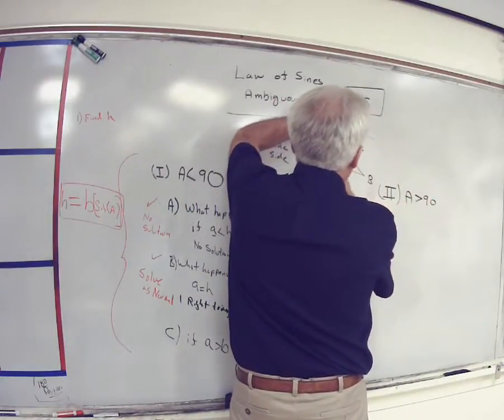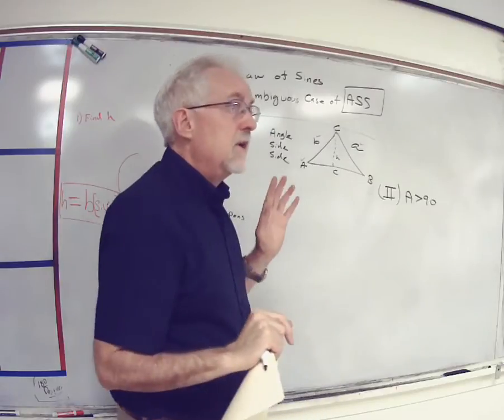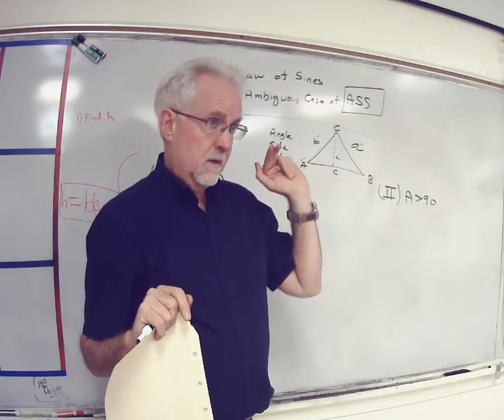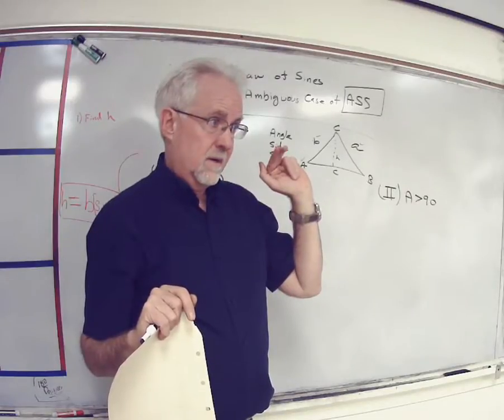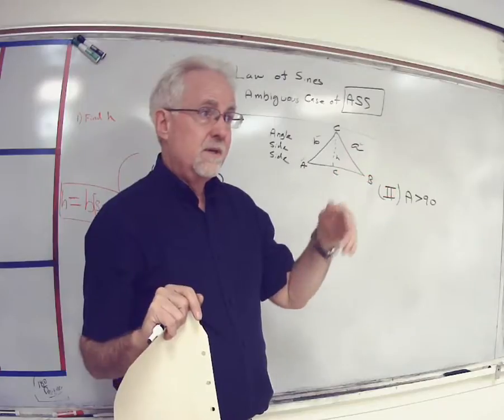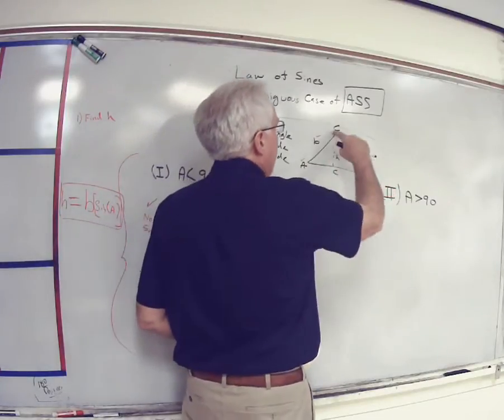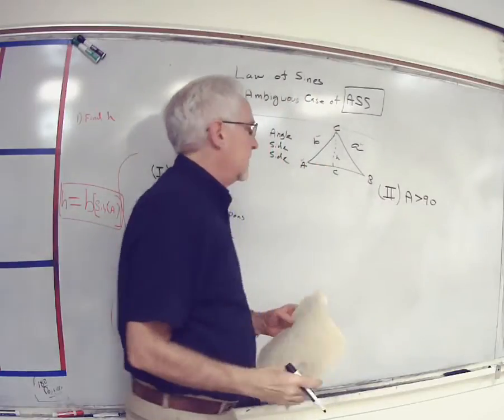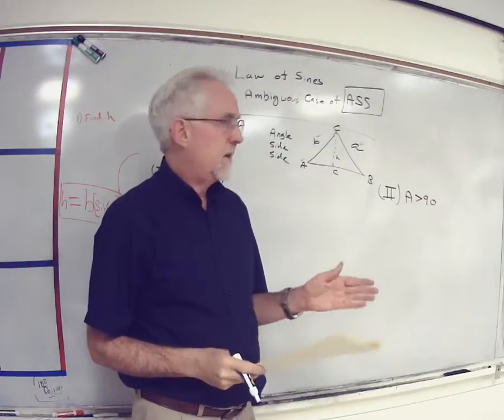So if A is greater than B, I know that I will always have what? Will there be a solution? Yes, because no matter how long it is, I could just keep swinging it out until it hit C, right?